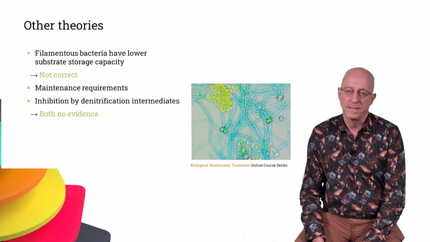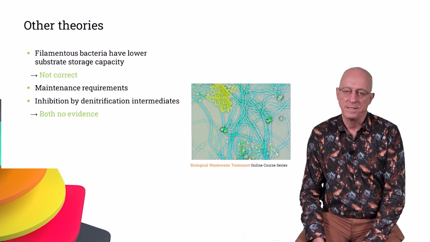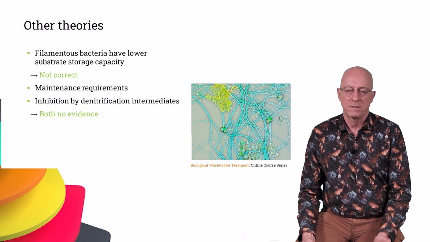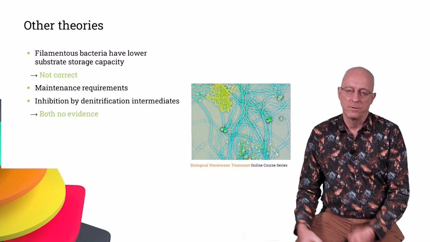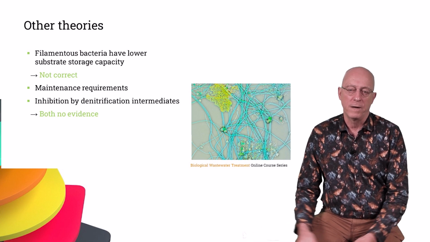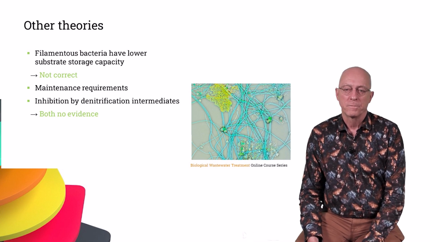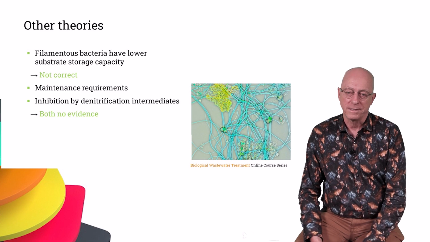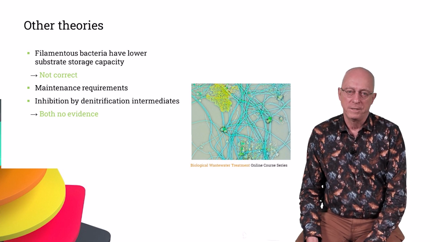This is not correct. Virtually all filamentous organisms can, like the floc formers, take up COD, store it inside the cell, preserve it for the later phase in the process when there's no external COD anymore but enough oxygen, and then grow on it. So this theory is clearly not correct.